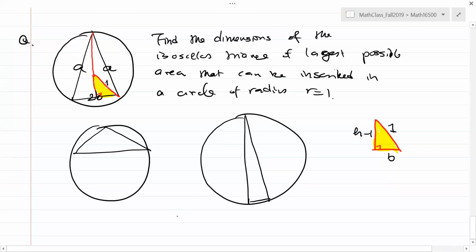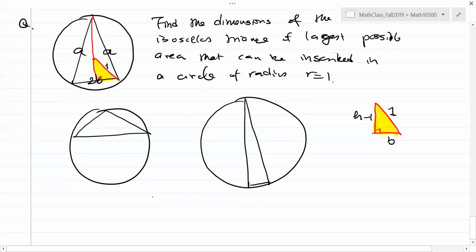What is h? You can apply the Pythagorean theorem to this triangle. Here's b, here's a, here's h, right? So clearly, h is going to be the square root of a squared minus b squared. Okay, so that is h.